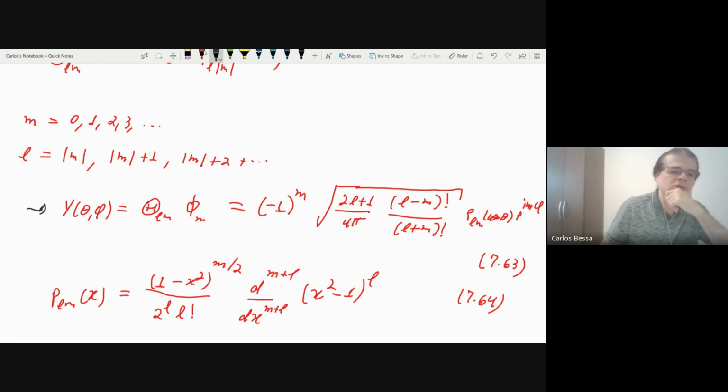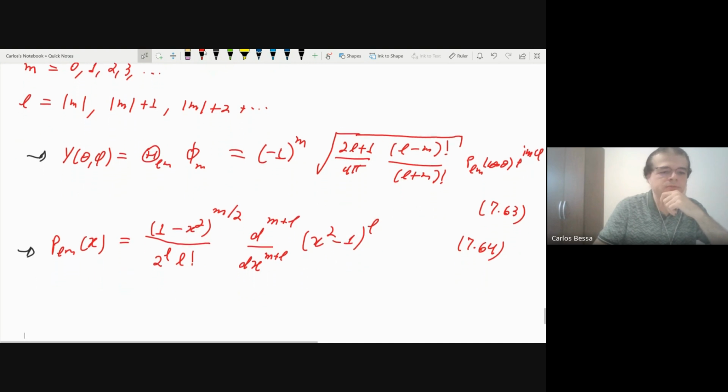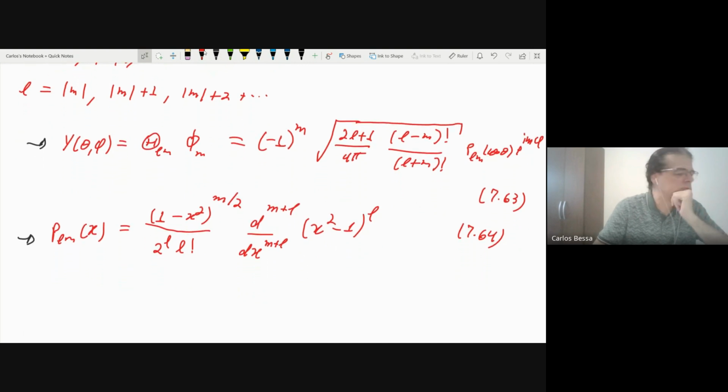I suggest the Cohen, but if you guys have another that you prefer, you can see this solution for the hydrogen atoms. You find it basically in all books of quantum mechanics, and you see some properties of these functions here.